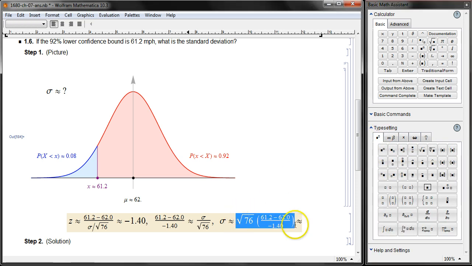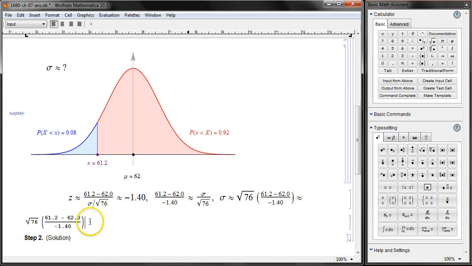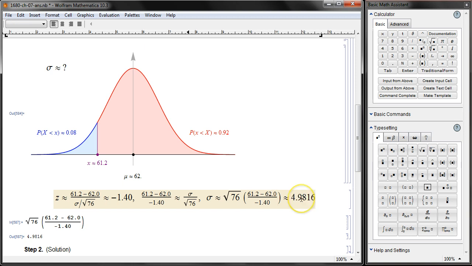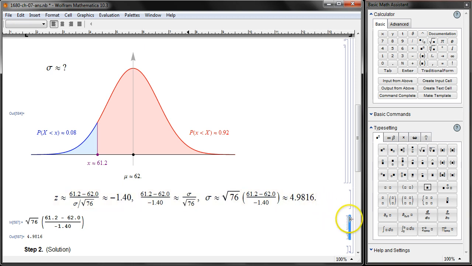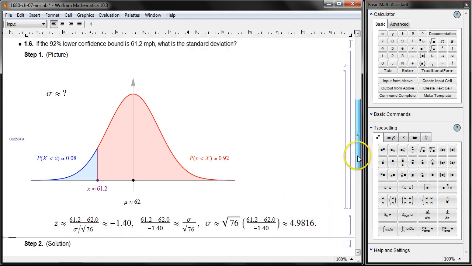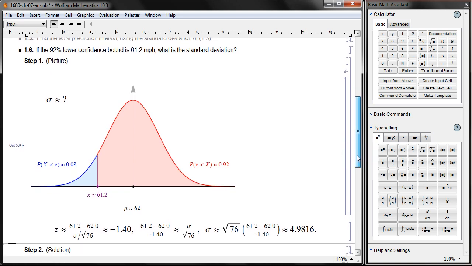Okay, let's calculate this using your calculator. I have a calculator with me, so I'll use Mathematica to calculate. What do you get? I get 4.98 something. And that is the standard deviation associated with this picture. If the 92% lower confidence bound is 61.2 miles per hour, what is the standard deviation?